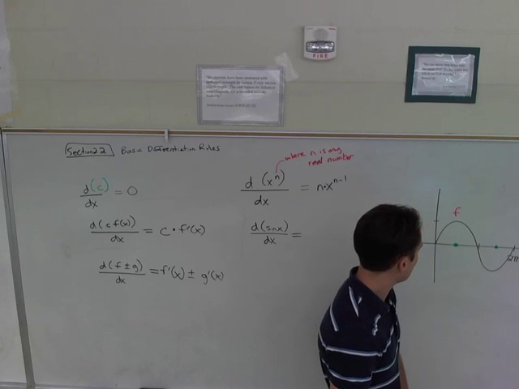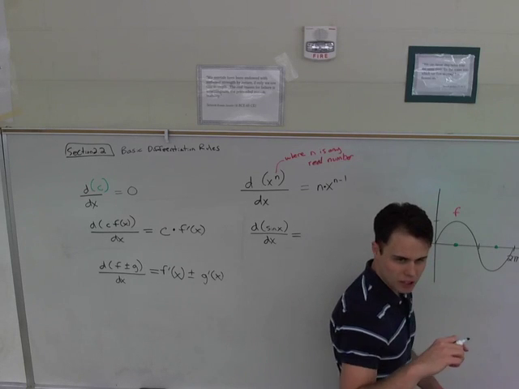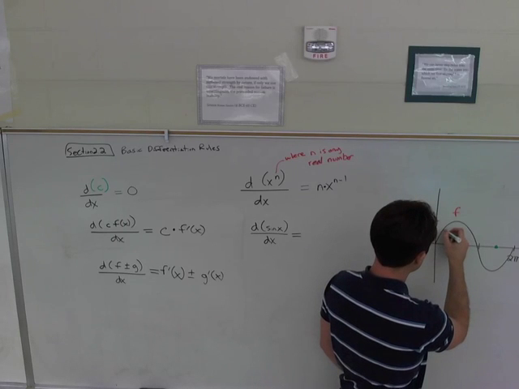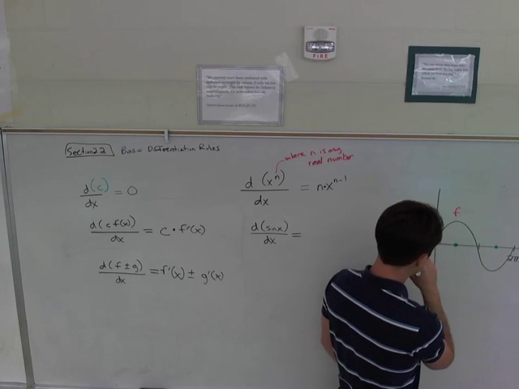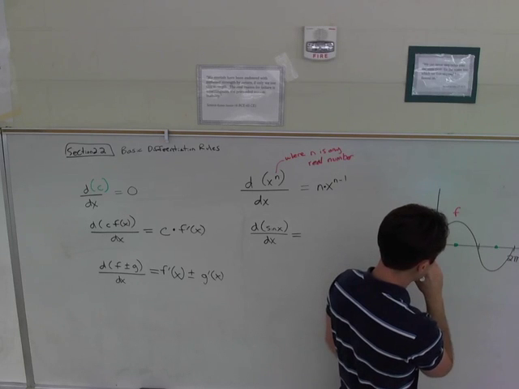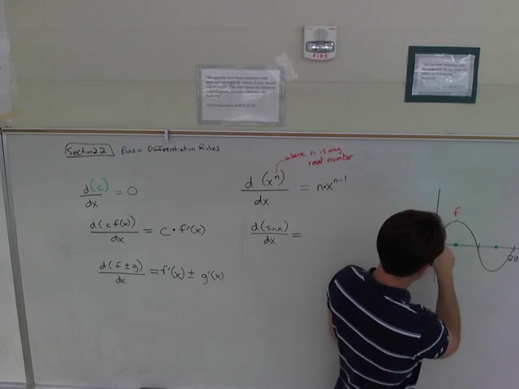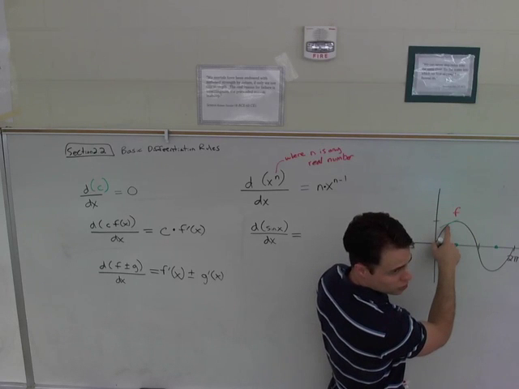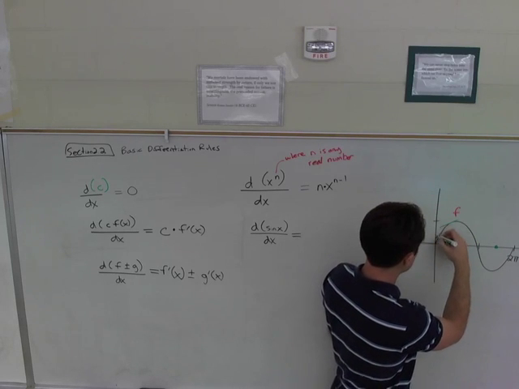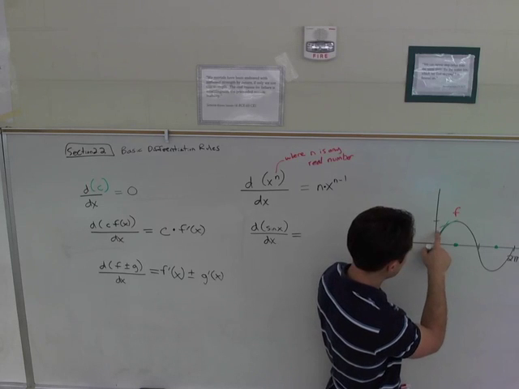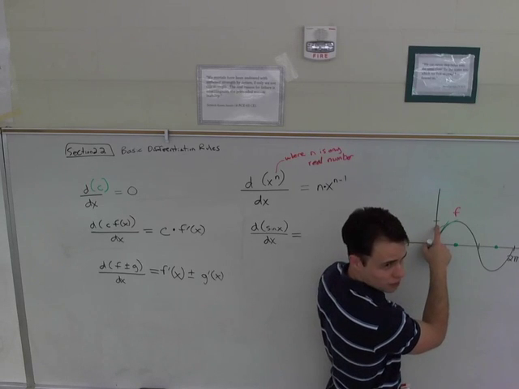Let's just think about this. If we create the tangent line here, we're going to have a positive value, right? And then if we create the tangent line here, we're going to have a positive value that is bigger or smaller. Is this one going to be bigger or smaller than this one? Bigger.